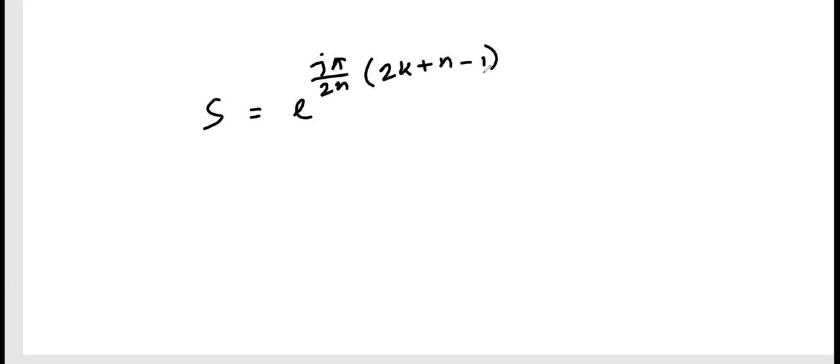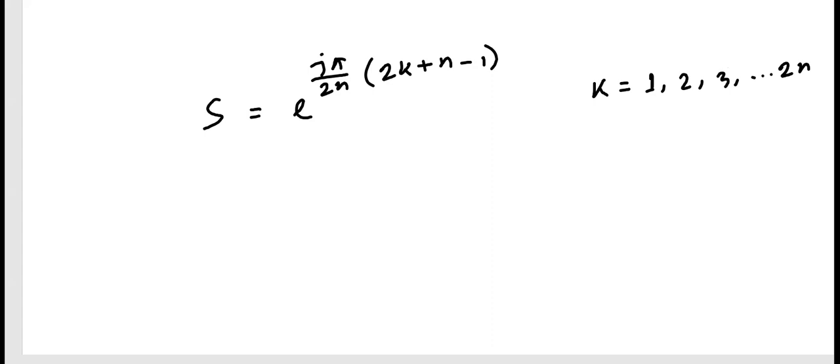And as you can find, this actually holds for any value of k equals 1, 2, 3, up to twice n. What does it mean? Here n is actually showing the pole numbers: the first pole, the second pole, the third pole, and so on and so forth.